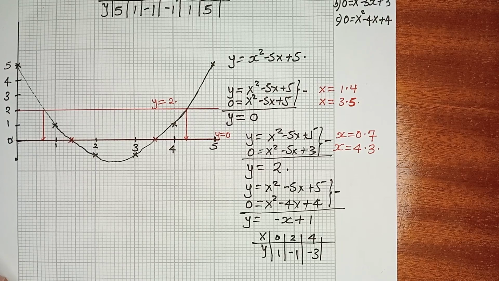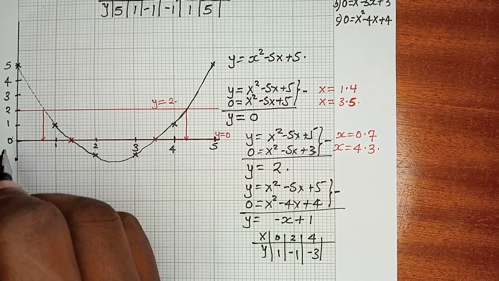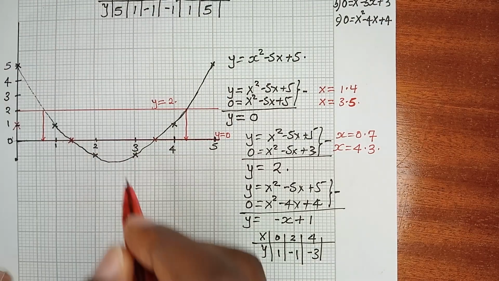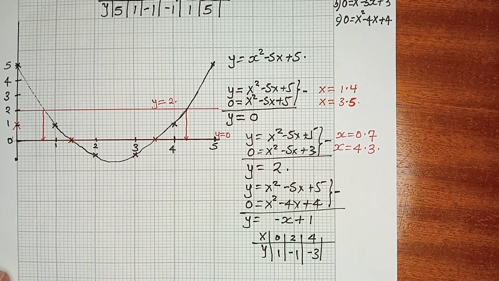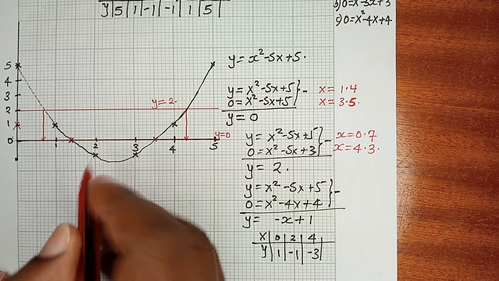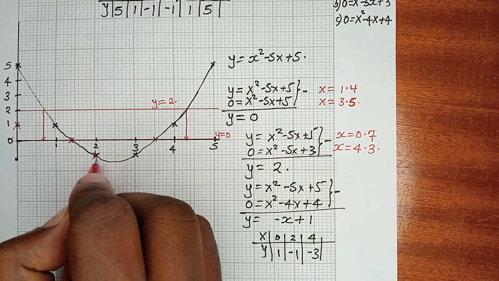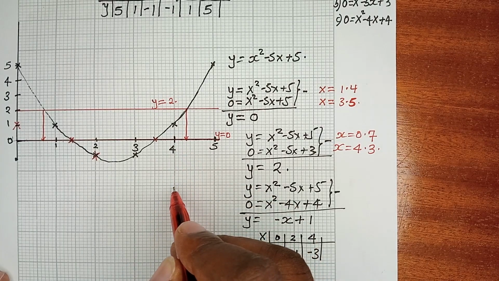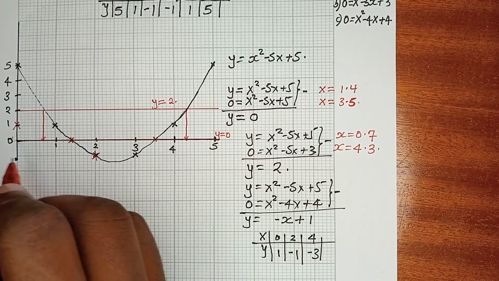I think those are just enough points, because we are talking of a straight line. 2 points are enough. When x is 0, y is 1. When x is 2, y is negative 1 there. When x is 4, y is negative 3.